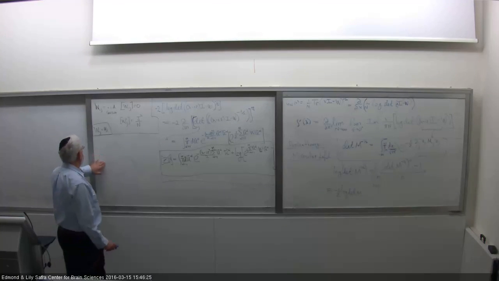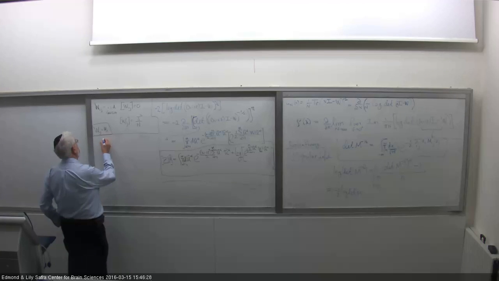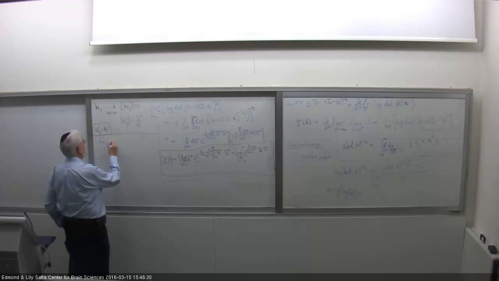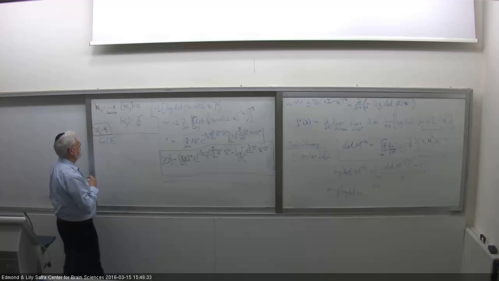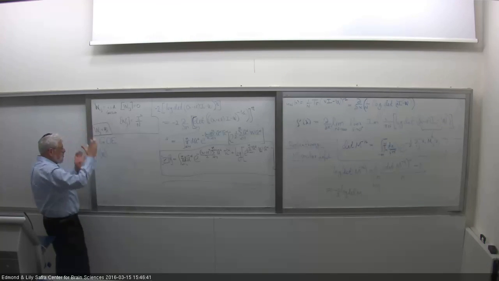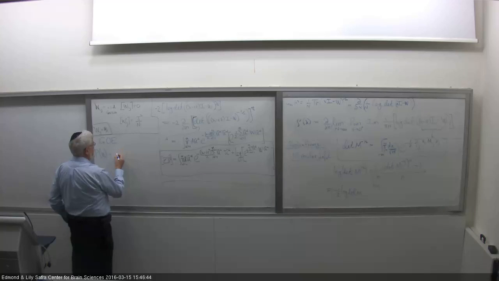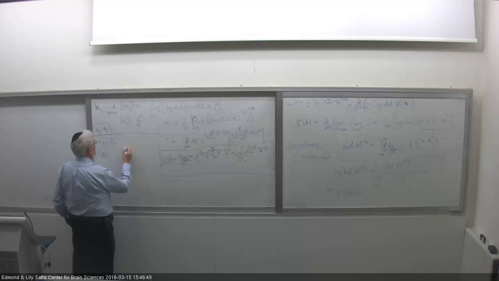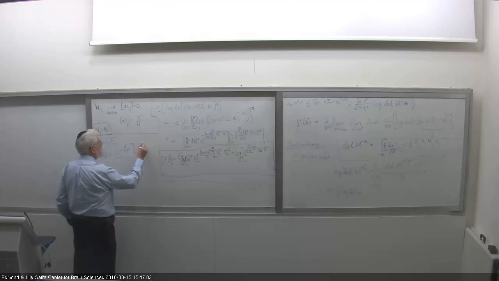This is called the Gaussian orthogonal ensemble. Let me tell you why. Because if you write the joint distribution P of W of the entire matrix, it's just going to be e to the minus n over 4J squared times the sum over i and j of Wij squared.